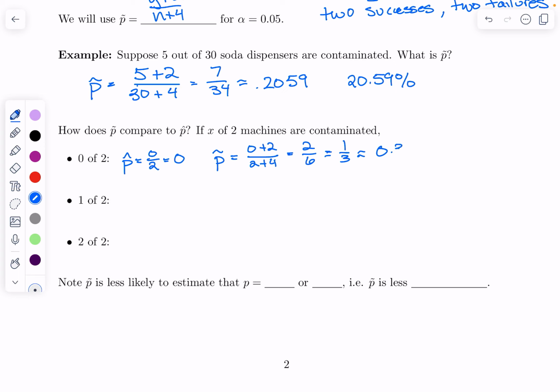So that says about 33% of our machines are contaminated, which is probably closer to reality than 0.